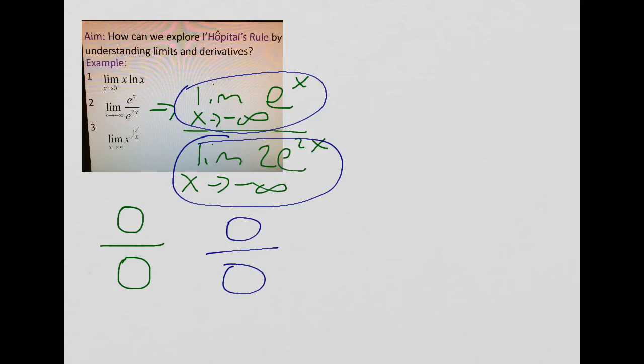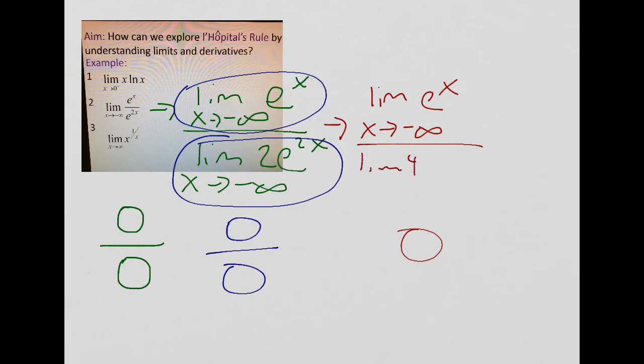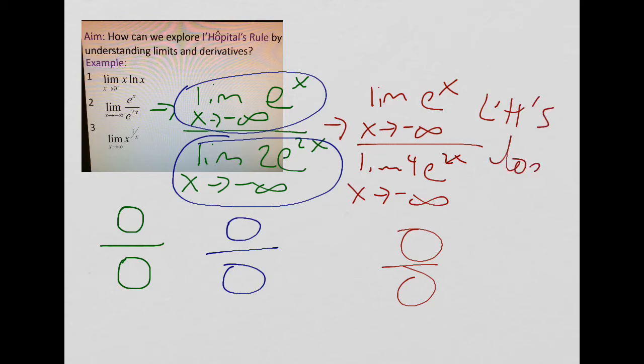But if you notice that you end up getting a pattern of the same thing, and it's not giving you an answer other than maybe 0 or infinity, depending on the problem, then we can't use L'Hopital's rule. L'Hopital's rule does not work, or is repeating.